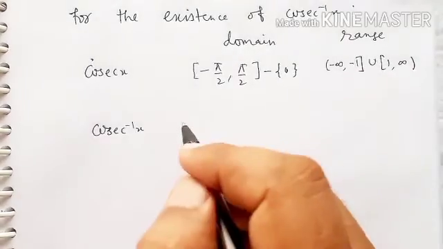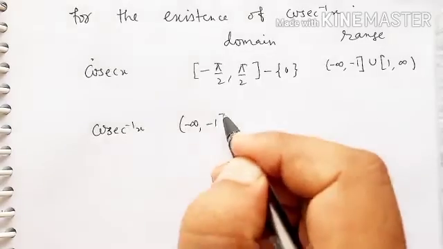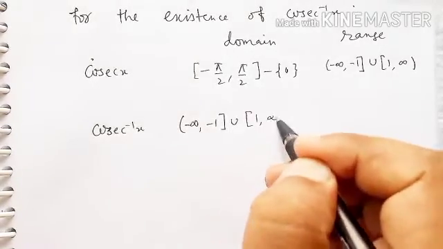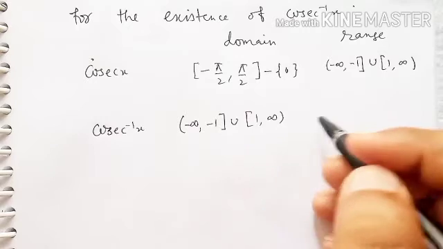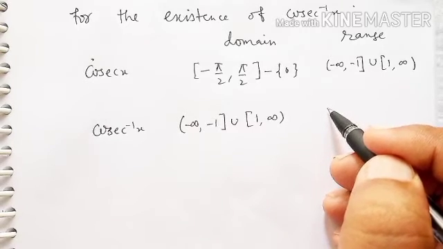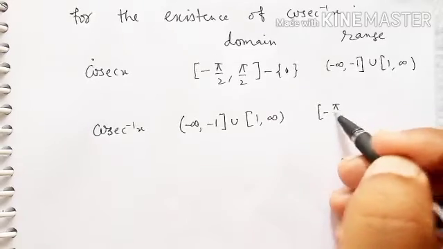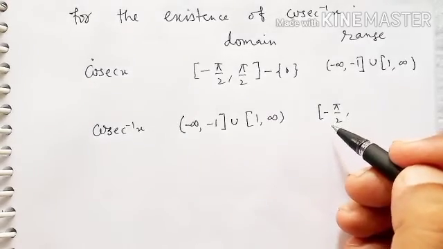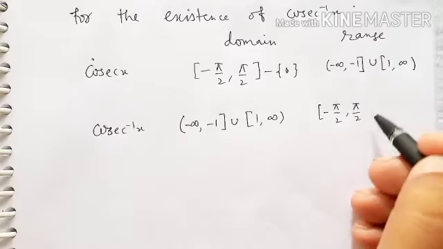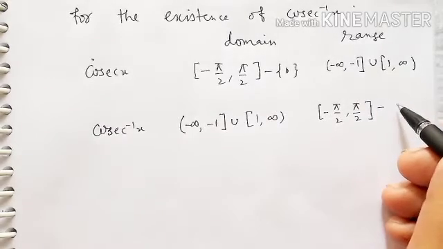Now we can think for which value of x cosec x becomes minus 1, for which value of x cosec x becomes 1. There is also infinity here, so you have to remove it. For which value of x cosec x becomes infinity.